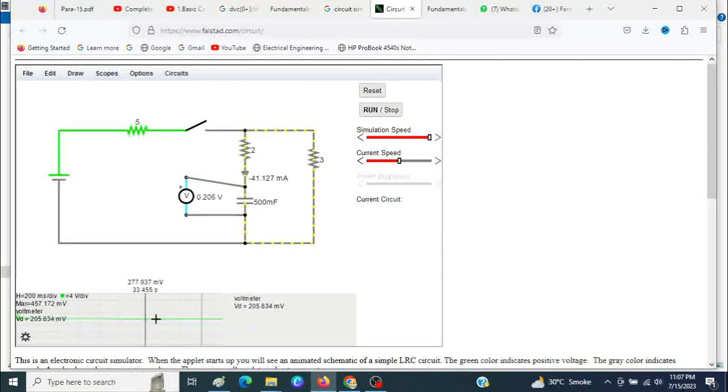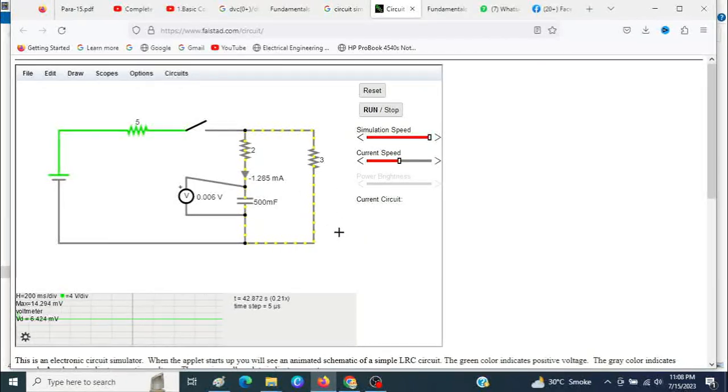You can see this has almost touched the 0 line. The capacitor is almost discharged. You can see the discharging path. See, the discharging current has reduced almost to zero. So this is V infinity, which we are saying should be zero.